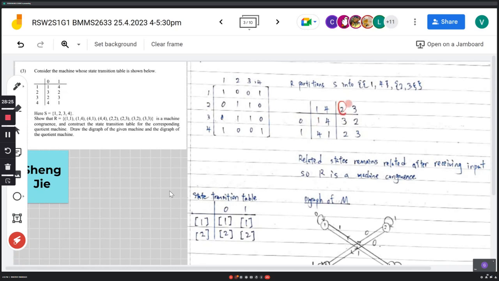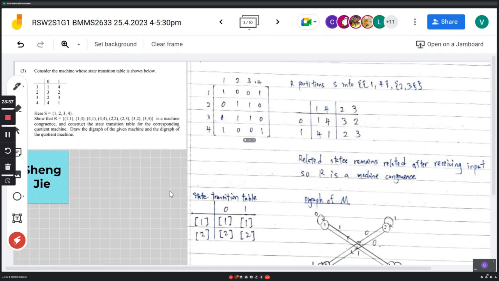If you use 2 as the second class, then after the input 0 and 1, you see here is 3 and 2. We will not write the name 3 also. We will use 2 to represent the second class. So here, 3, you will write it as 2, and here is 2, no change. Now remember, put in the square bracket to represent that this is a quotient machine.